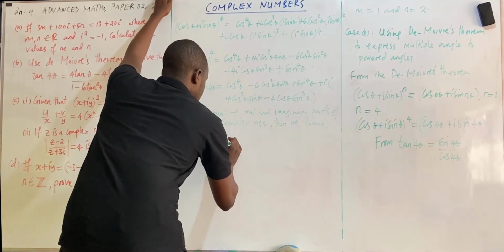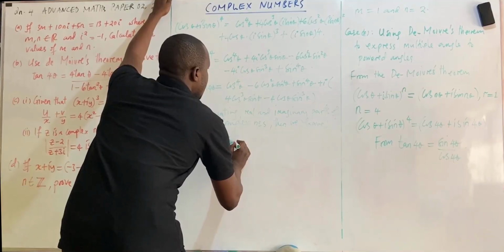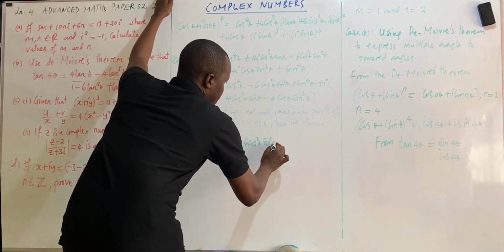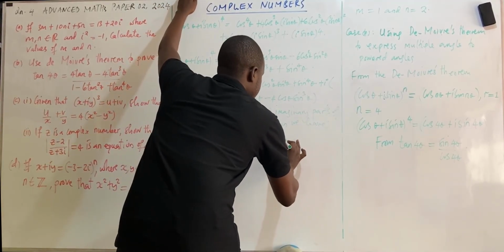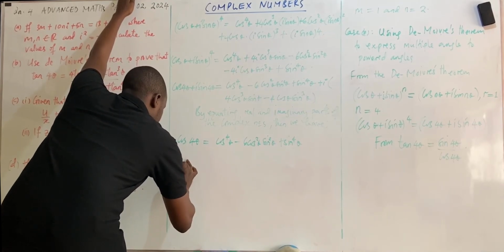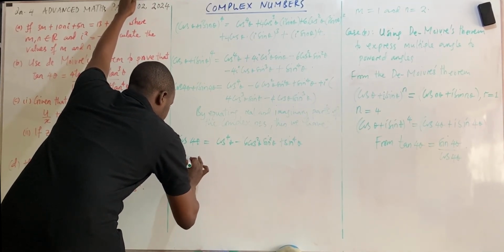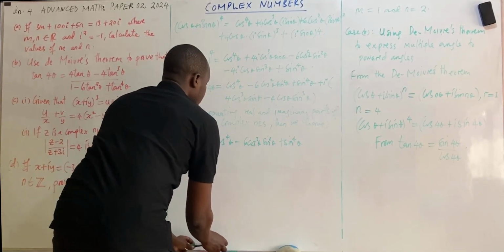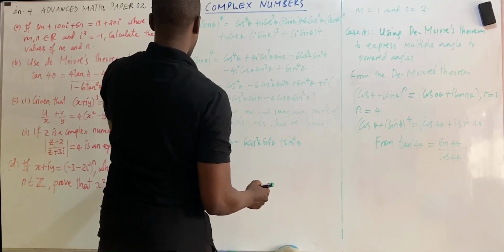It is the cosine quartic theta minus 6 cos square of theta, the sine square of theta, then we plus sine quartic of theta. Also, the sine of 4 theta is equal to what? To the imaginary part, i sine of theta.